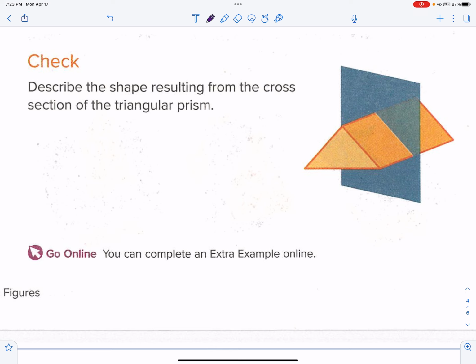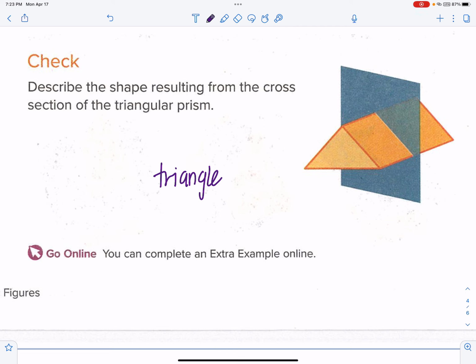Of a triangular prism. If you said triangle, you would be correct. Think about, what if I just verbally said a horizontal cross section? That would be through anything that is not at the top or the bottom.